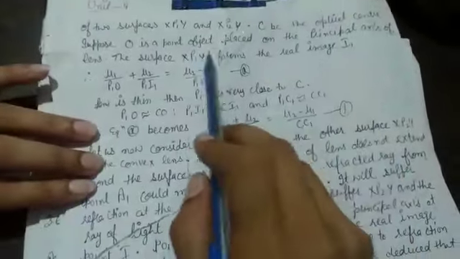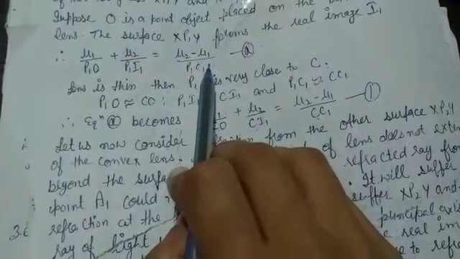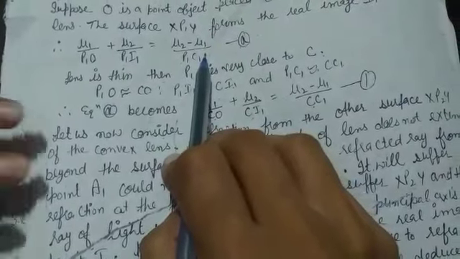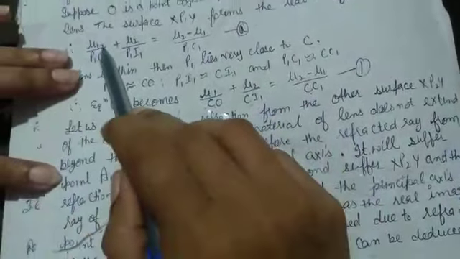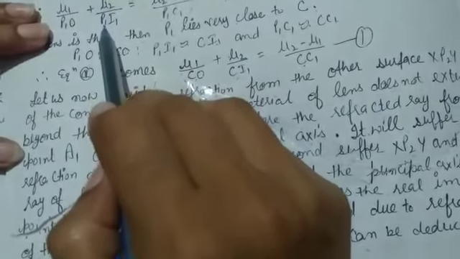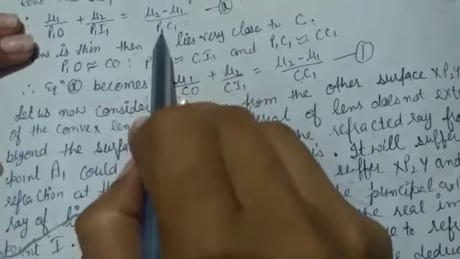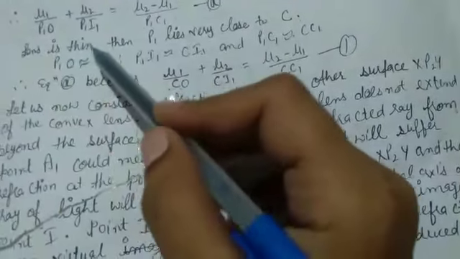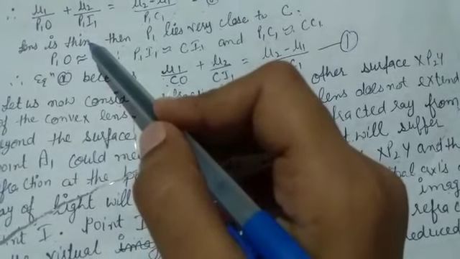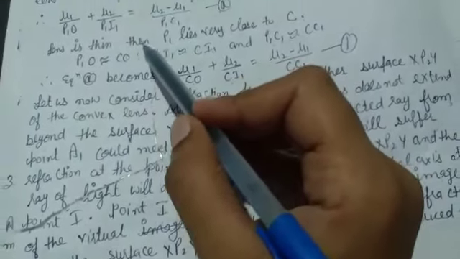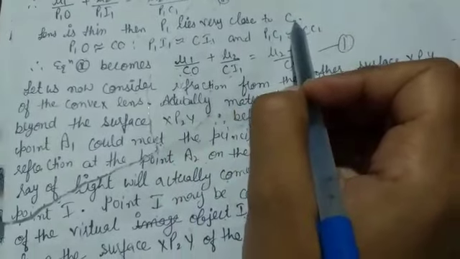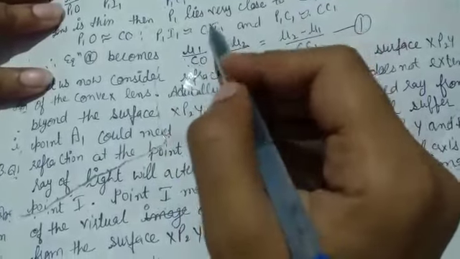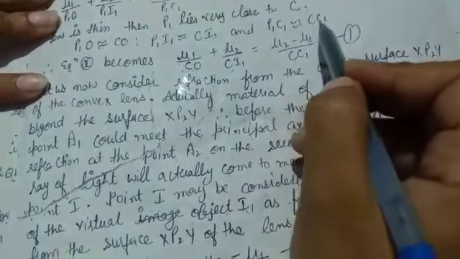Okay, so the equation that we get, this is the derivation. Before this we have an article in which we will do this derivation in full detail. So now here we write it as mu1 upon P1O plus mu2 upon P1I1 equals mu2 minus mu1 upon P1C1, and given number A. Okay, the lens is thin, as we assumed in the assumptions we already explained. Then P1 lies very close to C, therefore P1O is approximately equal to CO, P1I1 is approximately equal to CI1, and P1C1 also equals CC1.